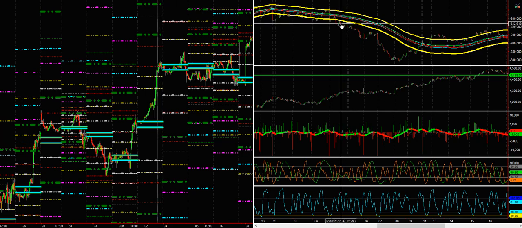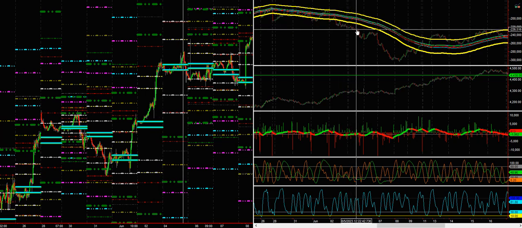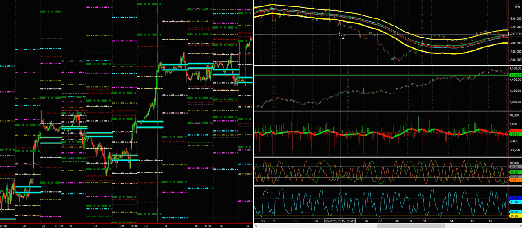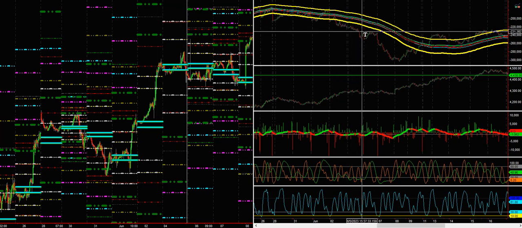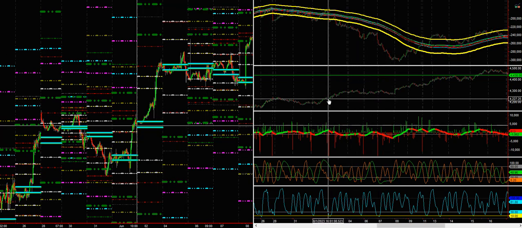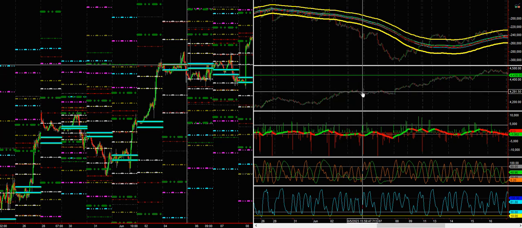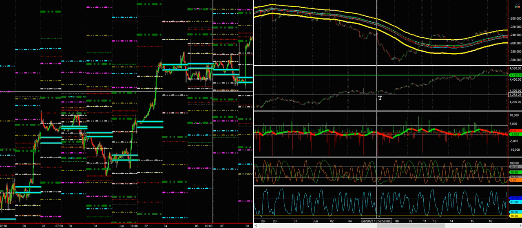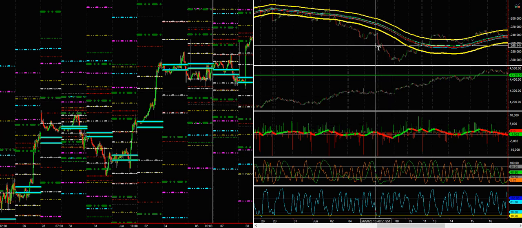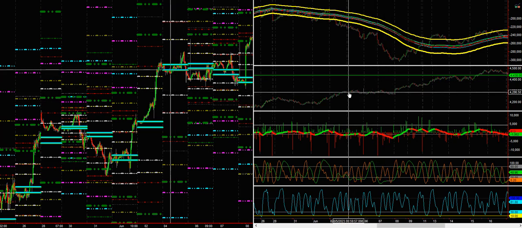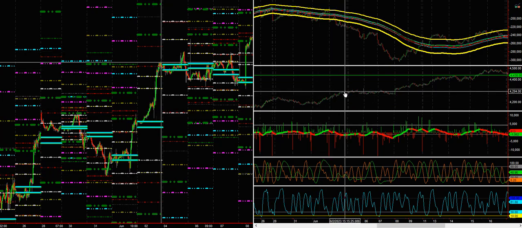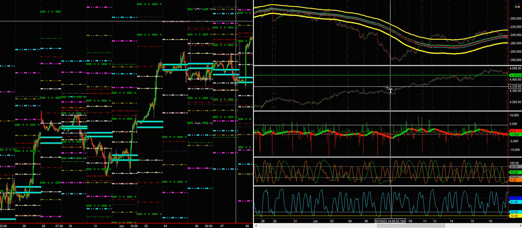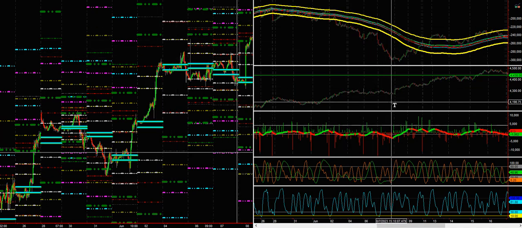If that tool set is trying to show a bias and the price is not following, you can just see it. Sellers are attempting to go down, but buyers are taking up all the inventory. So sellers are not able to push the market down. They ended up stopping the upward movement, but the momentum is going sideways. Sellers are trying to push it down. So what's going on? This is a hidden reverse divergence.